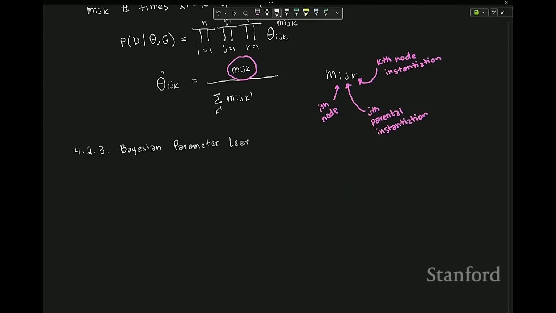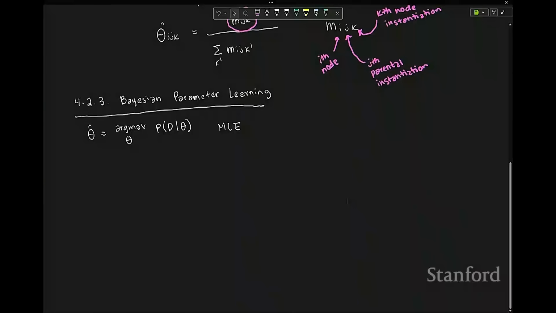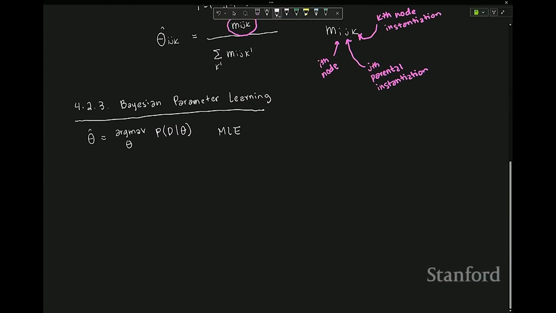Unlike MLE, where we're finding a point estimate, theta hat is the argmax of the probability of our data given that theta. In Bayesian parameter learning, we instead find the likelihood of parameters theta given the data set.